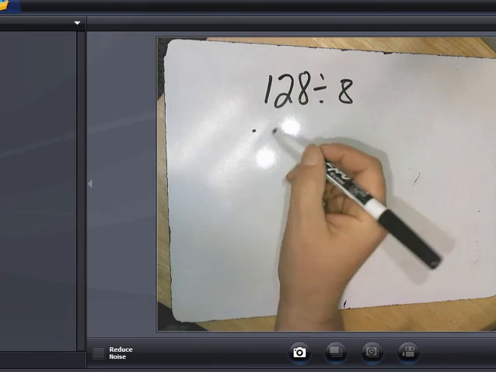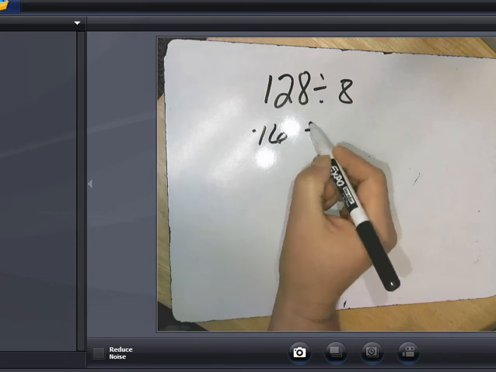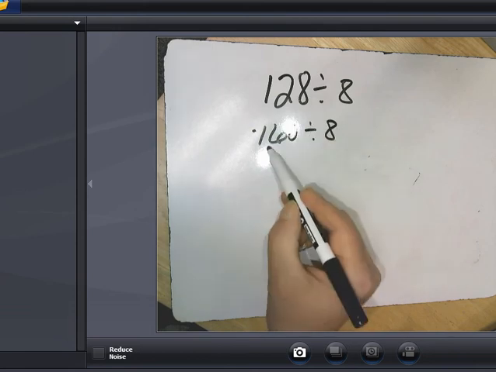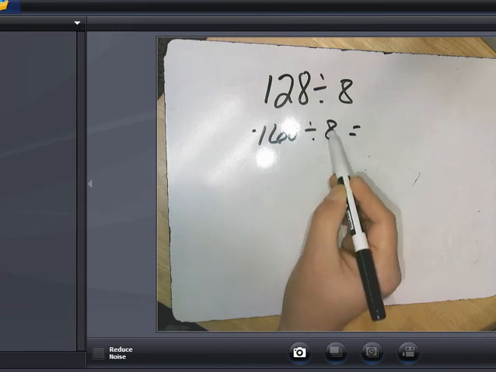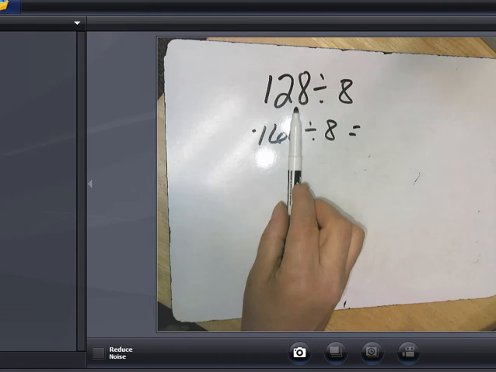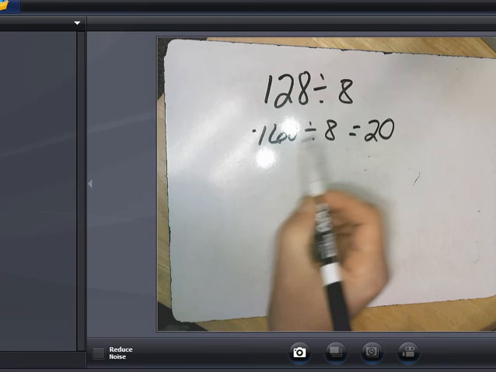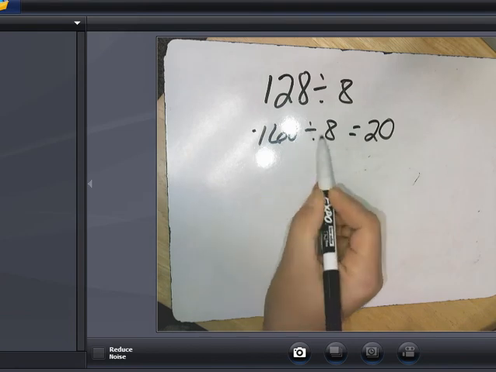Well, I know that 16 is easily divided by 8, so I'll just put a 0 in the ones place like I've done. This makes it very easy for me to divide, because I know 16 divided by 8 is 2, and then I just put my 0 at the end because I'm dividing by 10 too. So 160 divided by 8 equals 20.